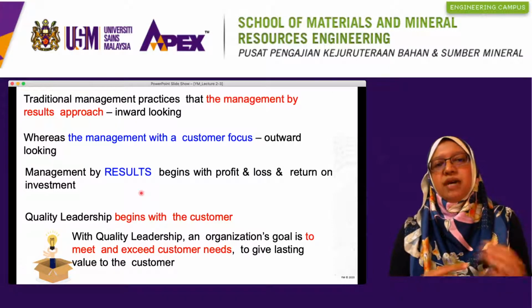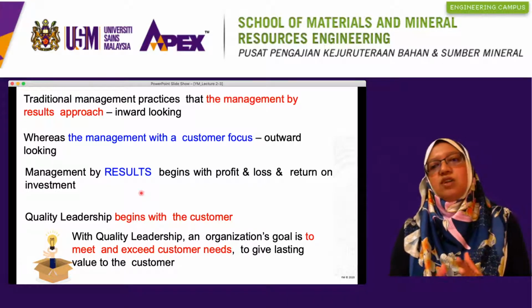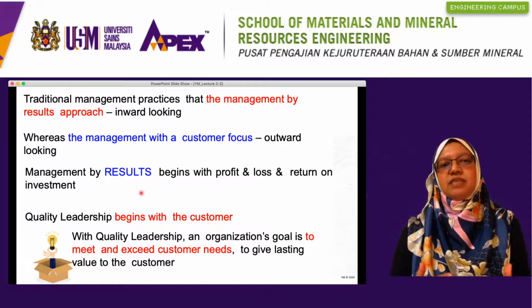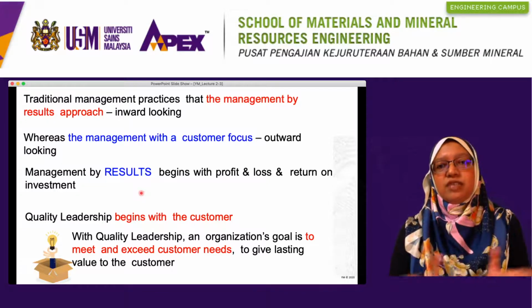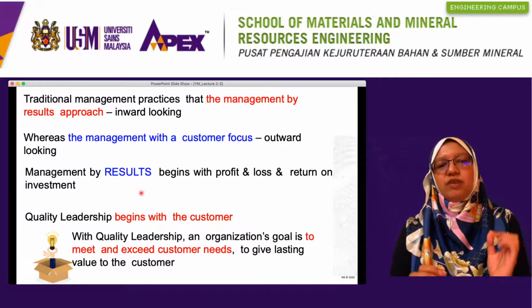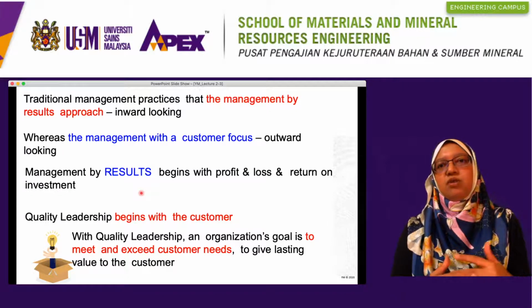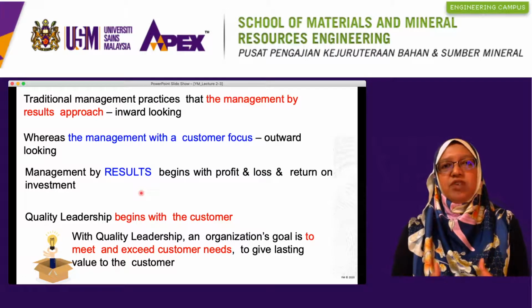Management by results begins with profit and loss and return on investment. Quality leadership begins with the customer. So it is a customer focused driven organization. With quality leadership, an organization's goal is to meet or even better to exceed customer needs to give lasting value to the customer.